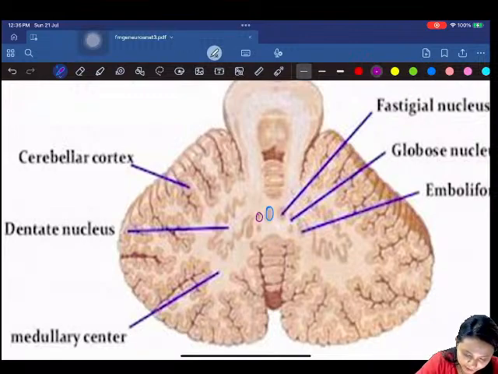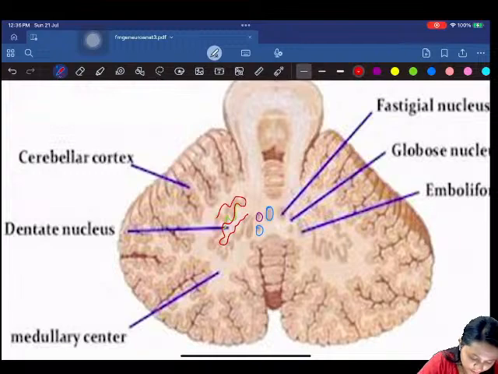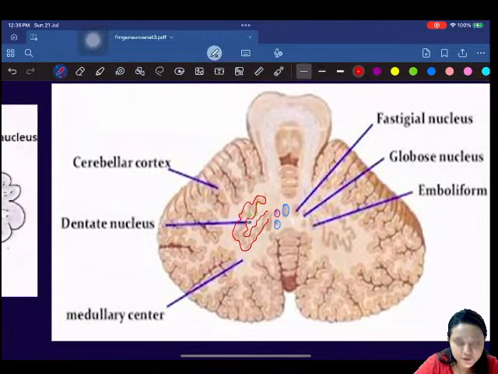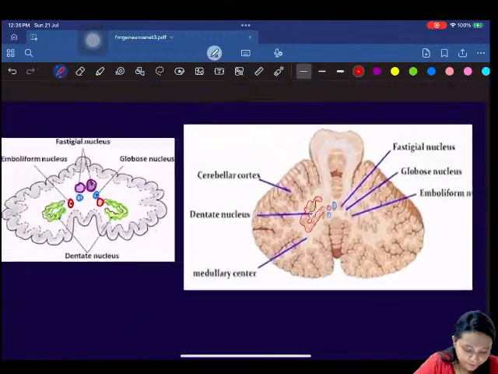Then you are going to have the emboliform nucleus, and if they give this kind of structure, which you can see here, this gray matter, that is your dentate nucleus. So if you see this arrangement, you can see that the most medial nucleus is the fastigial nucleus.